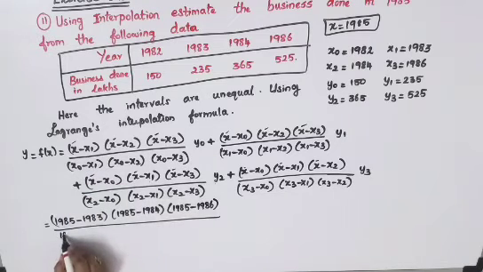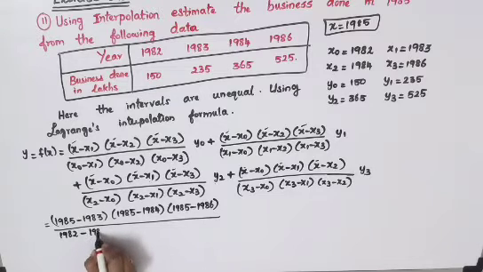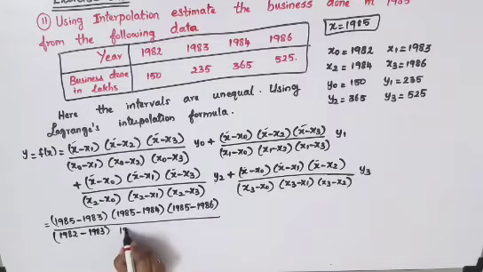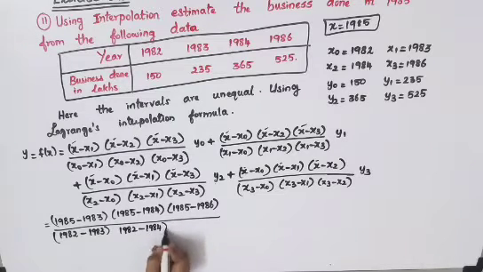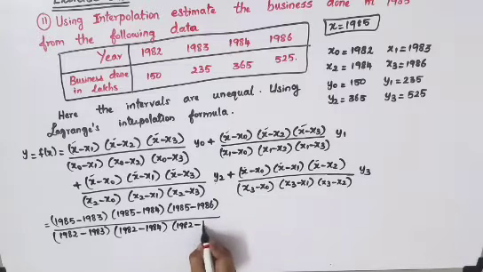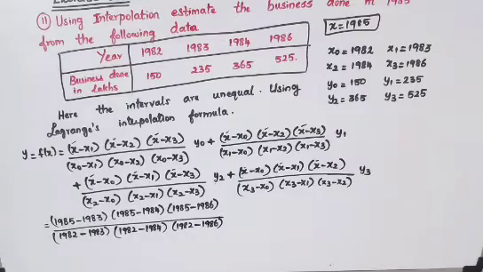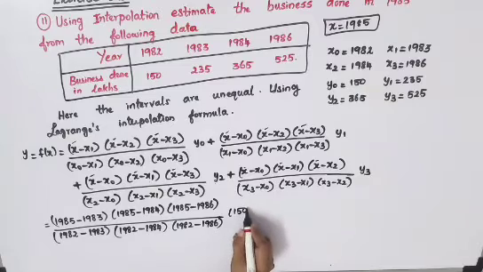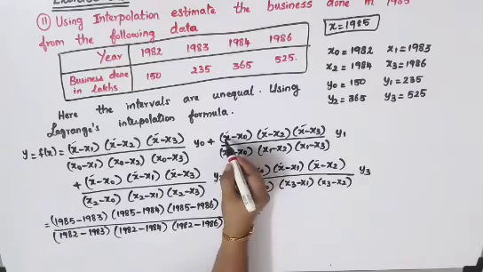So it is 1982 minus x1 is 1983. Don't go and search elsewhere, you can see it here itself. Only 1982 will be changing. So 1982 minus 1984. Next, 1982 minus 1986. If you write your numerator correctly, then the denominator will be correct. Into y0, which is nothing but 150. Then plus, now you have to start with x.